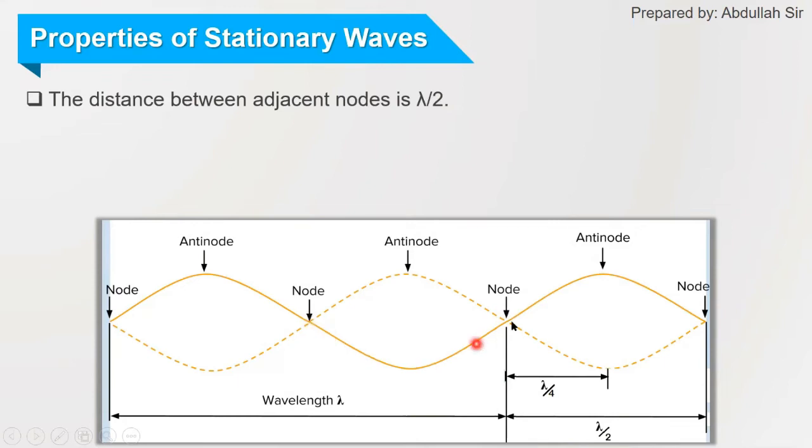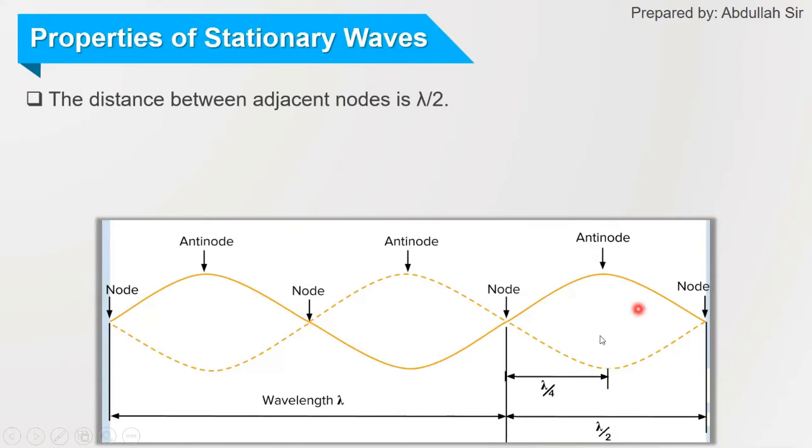One crest and one trough will produce two loops here, but we are talking about two successive nodes, that is one loop, and the distance between the two nodes is lambda by 2, half of the wavelength. If there are two loops, the distance is lambda.